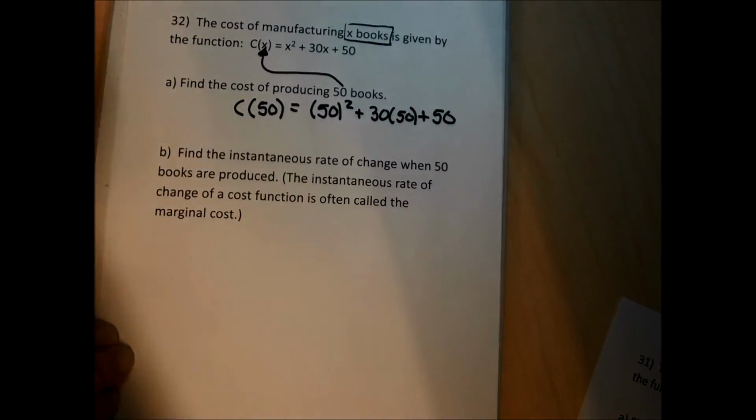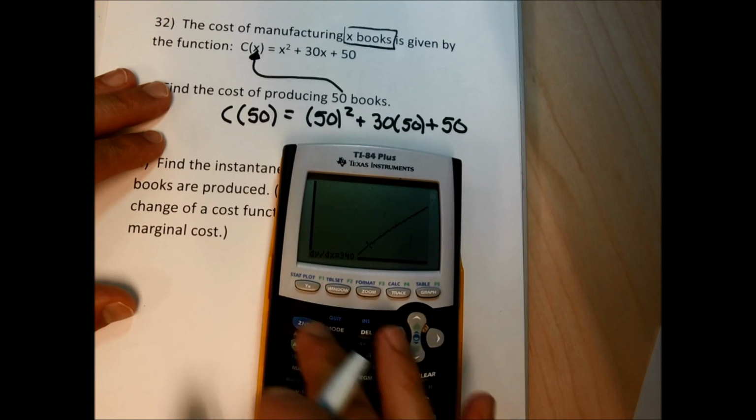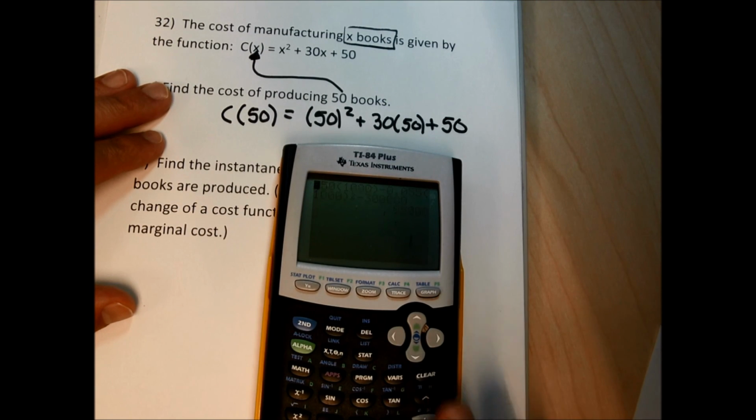Lots of 50s in there for me to mess up with. So let me make that happen. Second quit, clear, parentheses, 50 squared plus 30 parentheses 50 plus 50. So it's going to cost $4,050 to make 50 books.